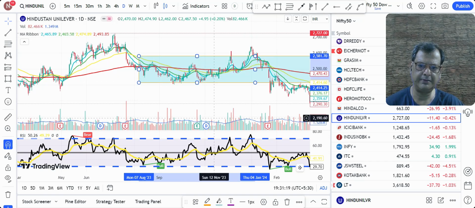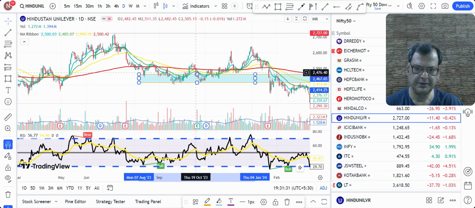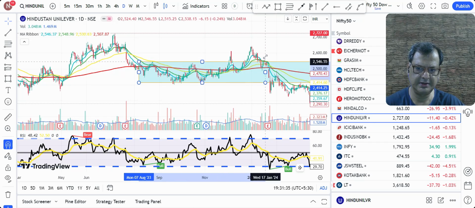If you see here, this portion is where the market is basically range bound. By and large, the market is going up and down, up and down. You can increase the size, but by and large, this is what you have here.